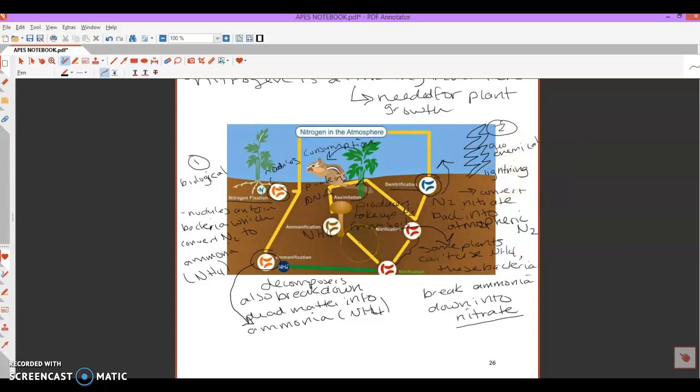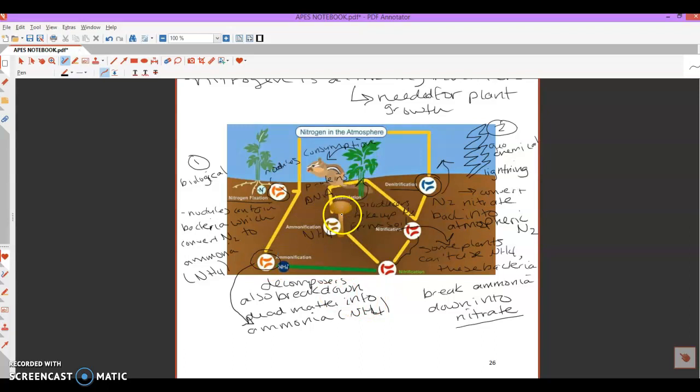So just to reiterate what's happening here, nitrogen has to be fixed into the soil, either through biological or geochemical fixation. All right, so the nitrogen is converted into ammonia, and that's called ammonification. You also have decomposers that break down dead matter into ammonia. So there's your bacteria and your fungus.